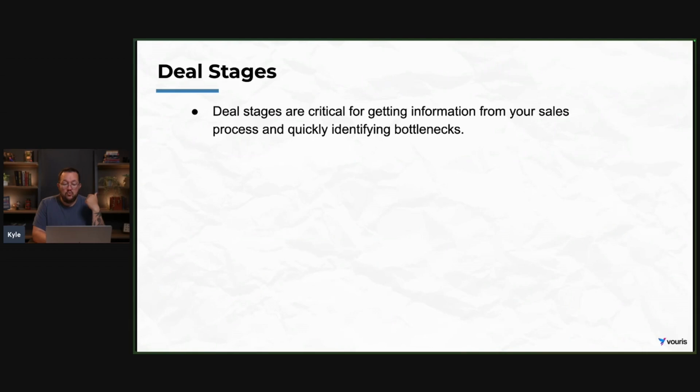They are really important for getting information from your sales process and quickly identifying bottlenecks. This is what I was talking about before. One of the annoying things is having a win rate drop. For transactional sales, even when you do this right, it's sometimes difficult because you don't know why it's dropping.